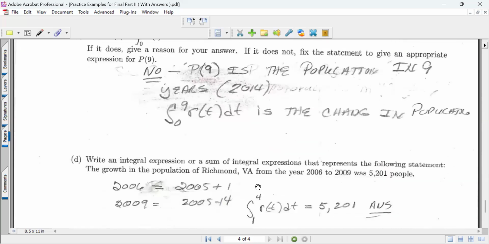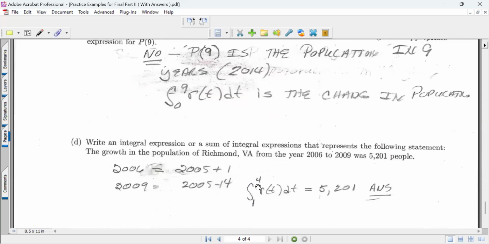And then it asks us to write an expression or some integral to represent the following statement: the growth in Richmond, Virginia from 2006 to 2009. Well, 2006 is 1 year after 2005, and 2009 is 4 years after, and so that would be the expression we would have, and they tell us it's this.